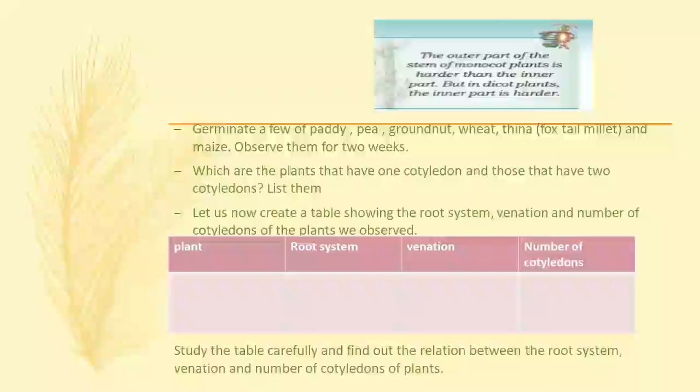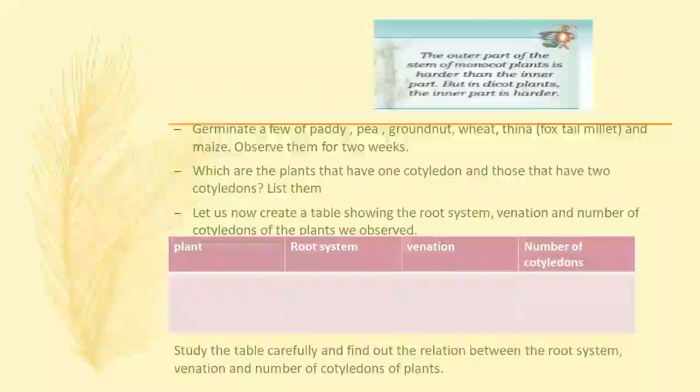Germinate a few of paddy, pea, groundnut, wheat, thinna, foxtail millet and maize. Observe them for 2 weeks. Which are the plants that have one cotyledon and those that have two cotyledons? List them.